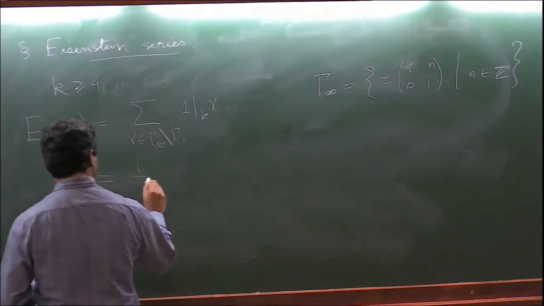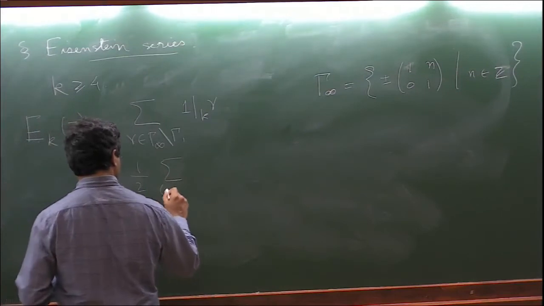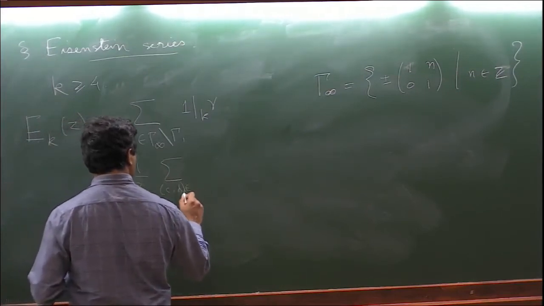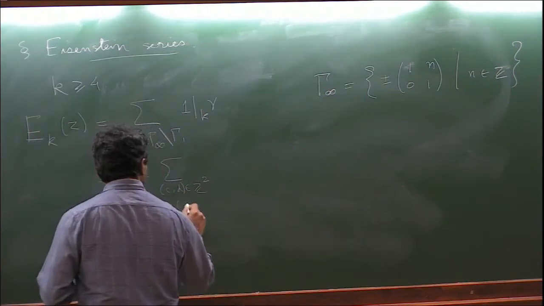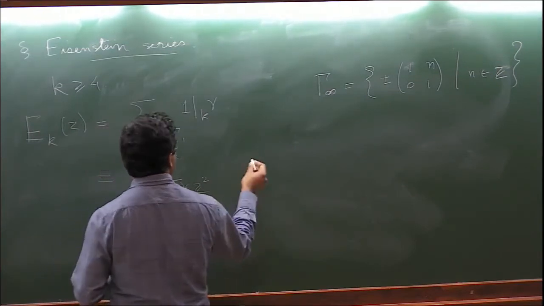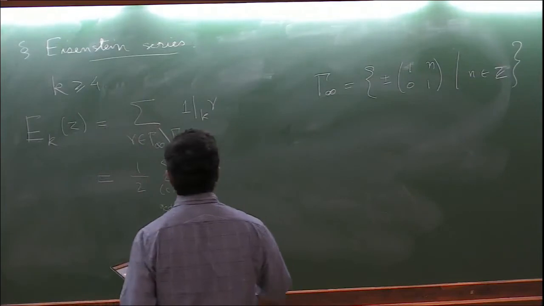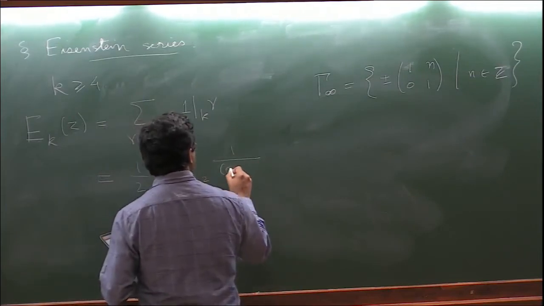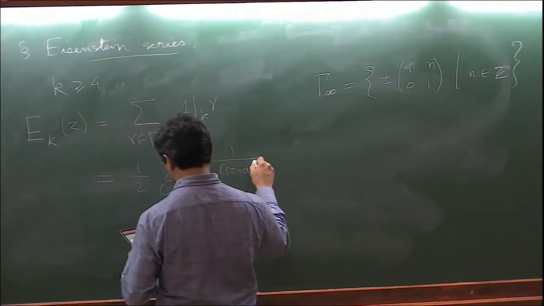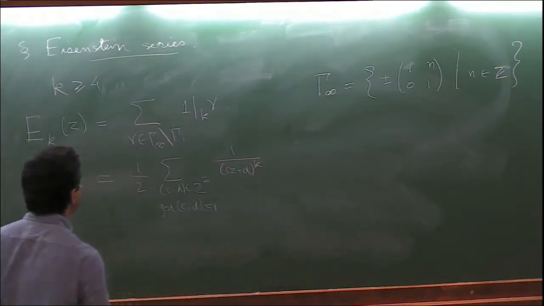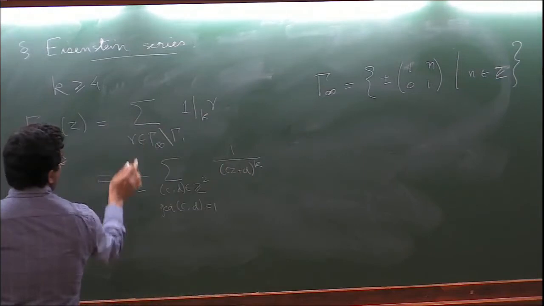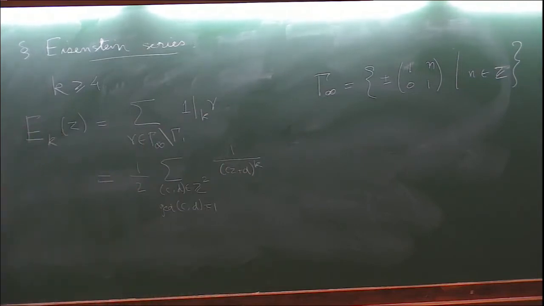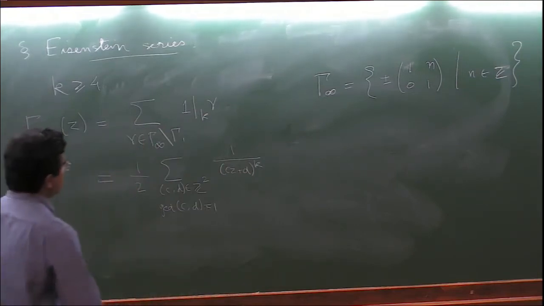This is half the summation over (c, d) in Z^2 such that GCD of (c, d) is 1. So in particular, they are not both 0. 1 by (cz plus d) to the k. That's my normalization. One can work out that this sum is actually this by the slash operator.